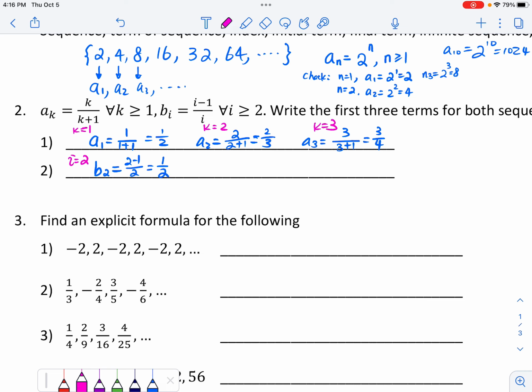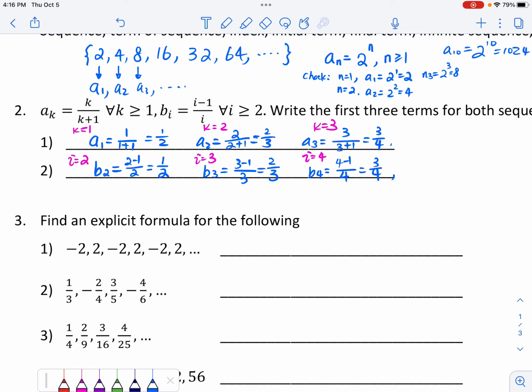Now when i is 3, then B3 is equal to 3 minus 1 over 3, which is 2/3. When i is 4, then your B4 will be 4 minus 1 over 4, which is 3/4.